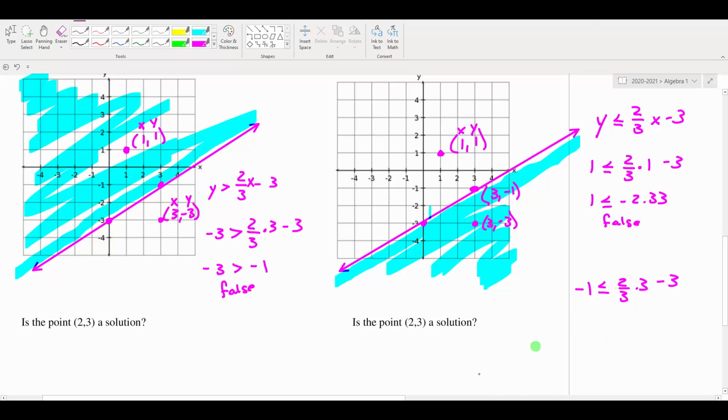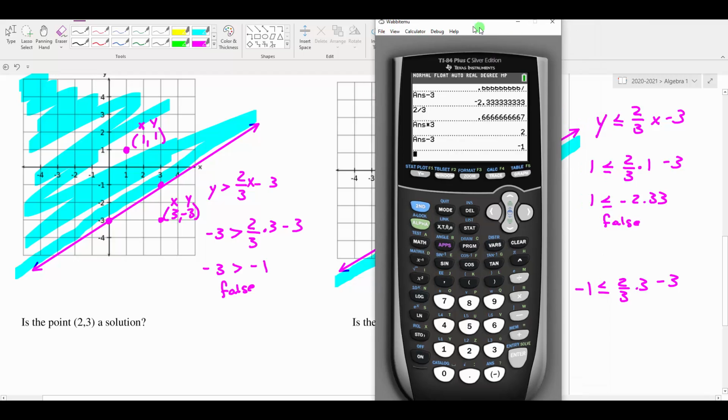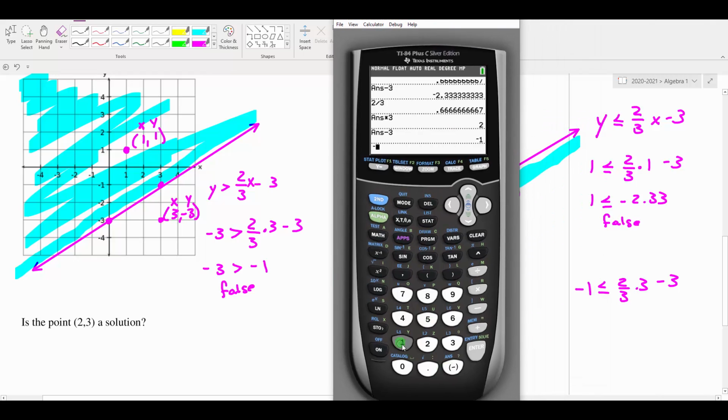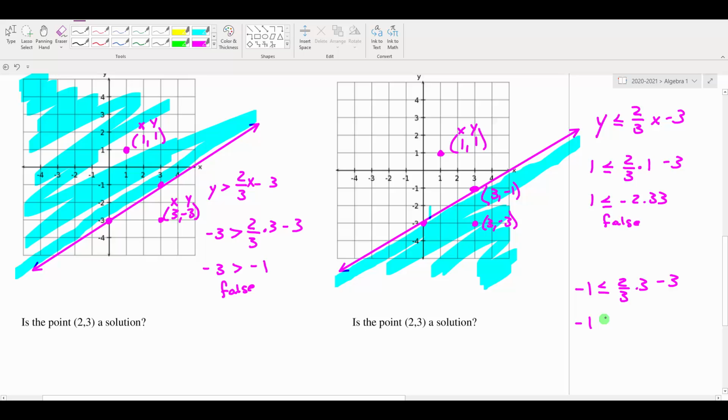Okay, and we would go and calculate that. So let me grab my calculator here. We get 2 divided by 3, that's our slope, times 3, minus 3, and we got -1. So we have -1 less than or equal to -1.